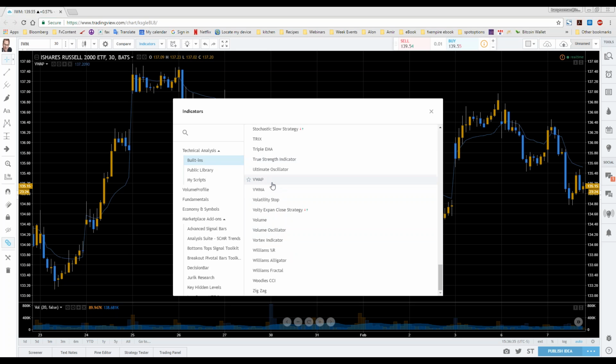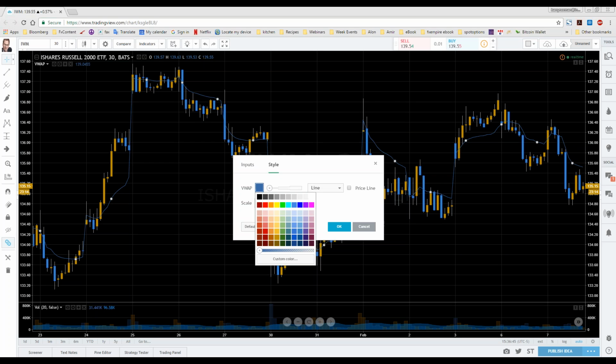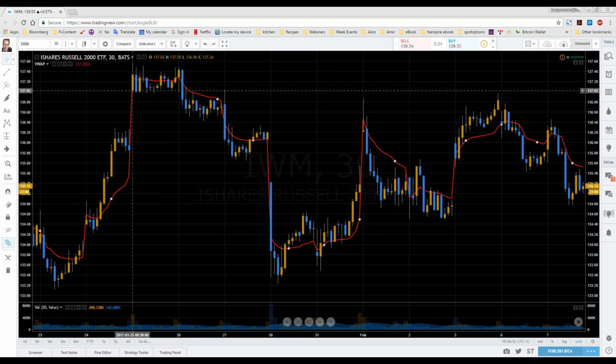Right here. And we've now placed it on the chart. I will format it into an easier to see color for you. We're going to make it red, and we're going to make it very bold. So now we can see our VWAP moving on our charts. And so it's very easy to put on charts. You know what the calculation is, but you don't have to do the calculation.